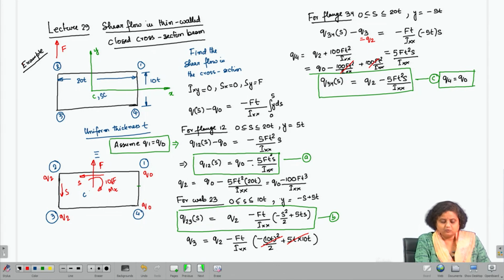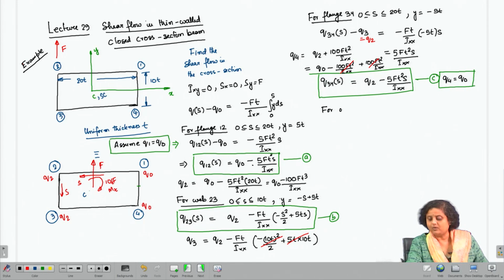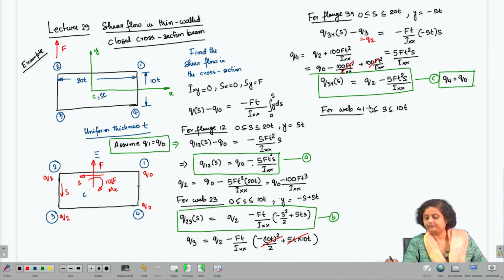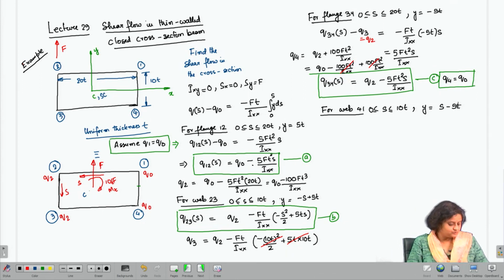Now, let us move on to the web. Now, for web 4,1, S lies between 10t and 0 and y is going to be S minus 5t.